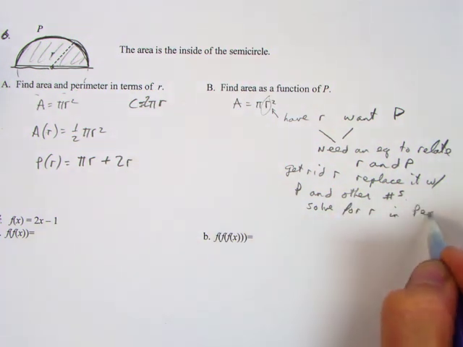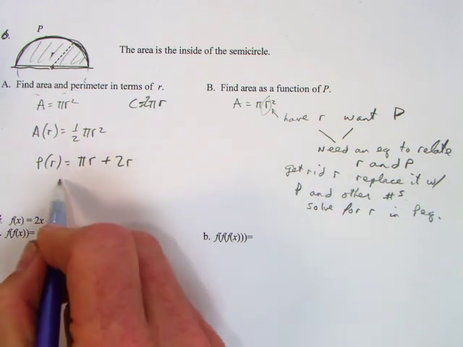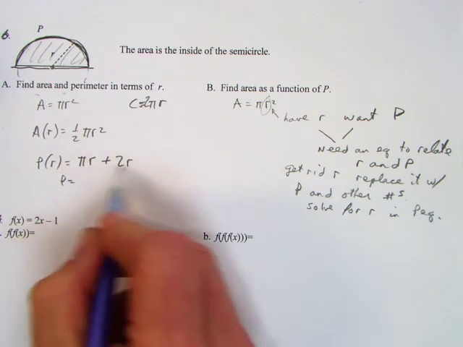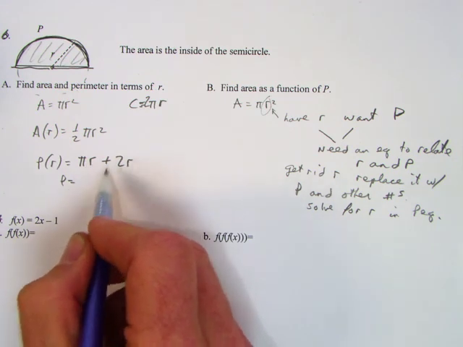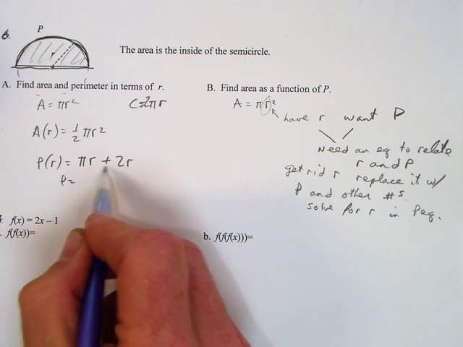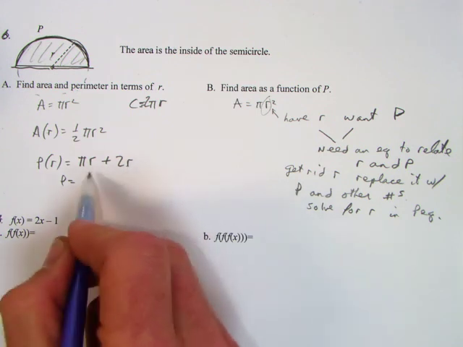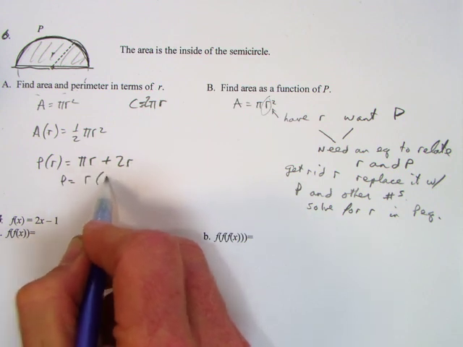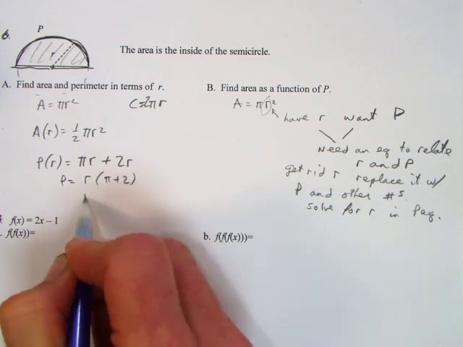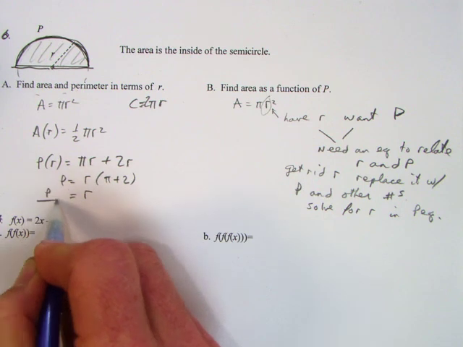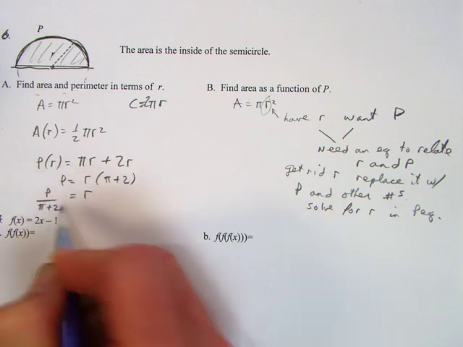in the p equation. So we take this and we have p equals, now how do we deal with this? We have pi r and 2r. We need to get 1r so we can solve for it. So we need to have just 1r on this side, factor it. So we have pi plus 2, so r is p over pi plus 2.